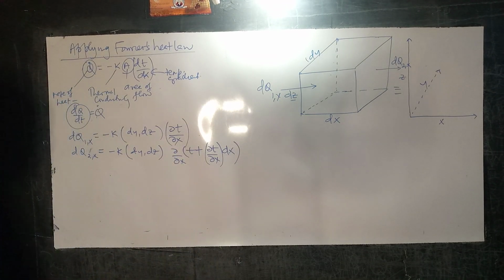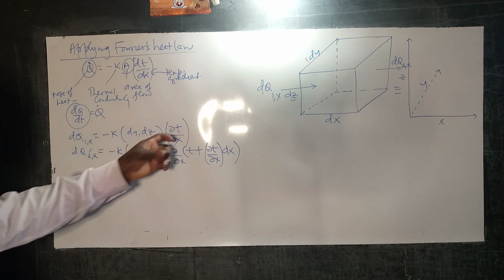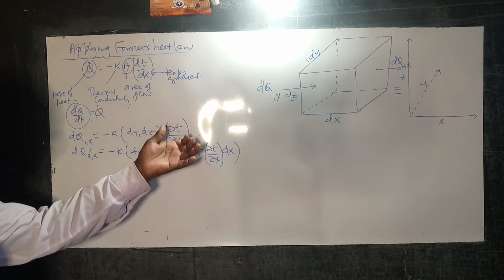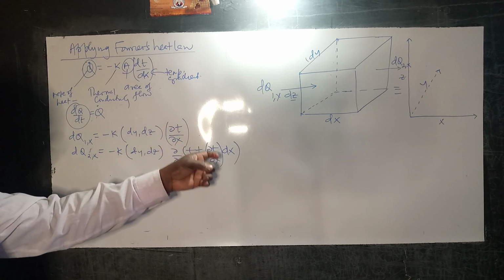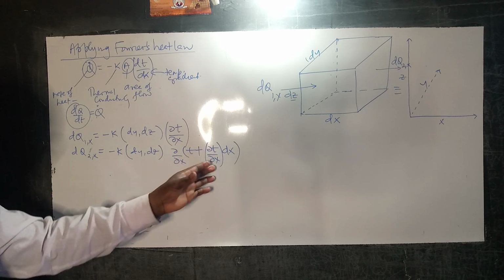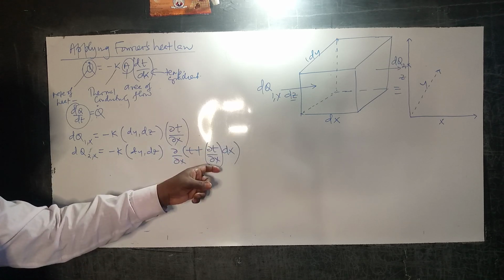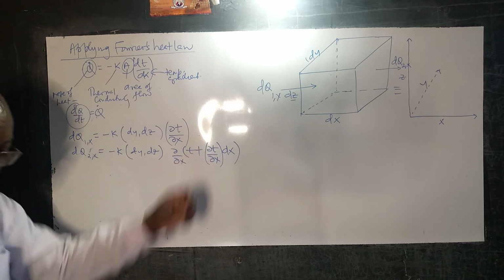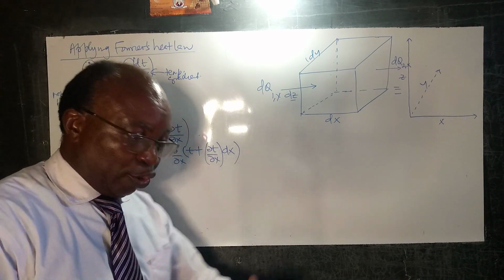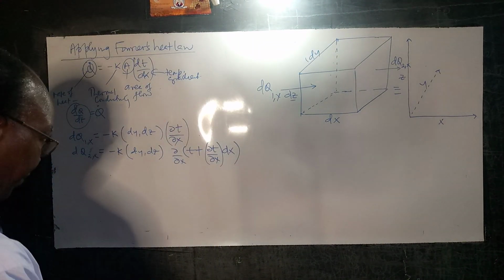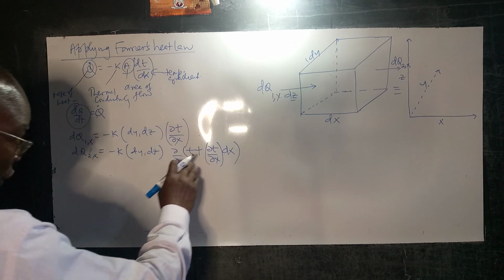Think of it simply in your mind that what we are saying is that there is some change in temperature which is represented by del T. If you cancel this quietly in your mind, dx by dx, then it is T plus dT. There's some change in temperature.